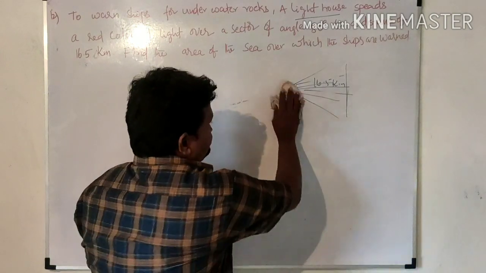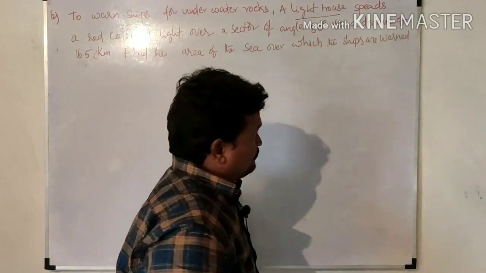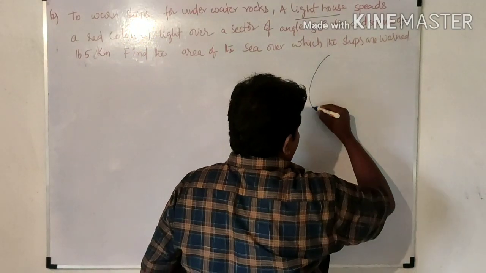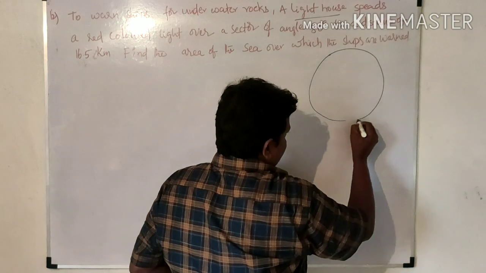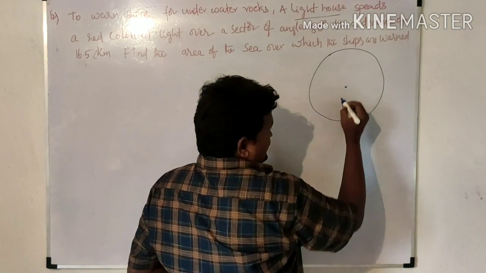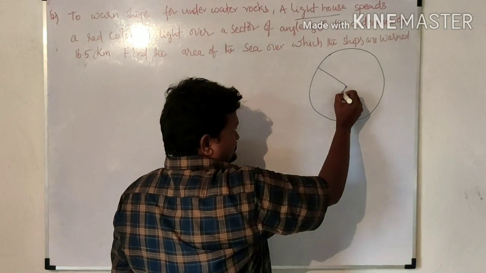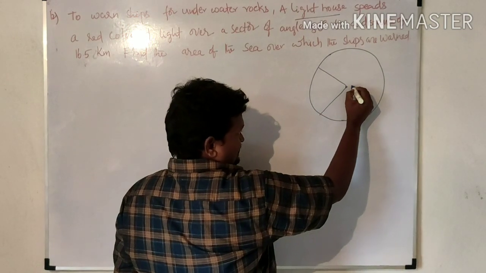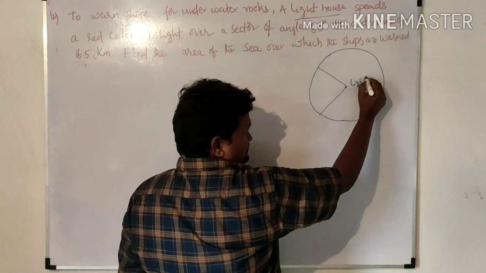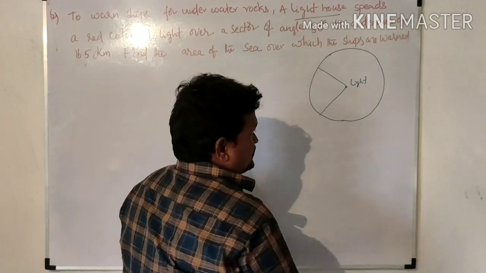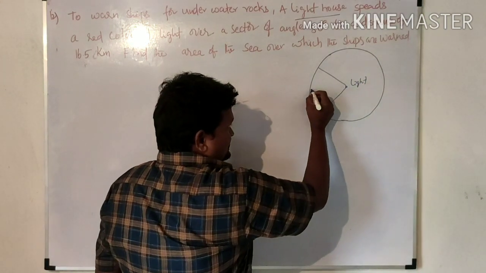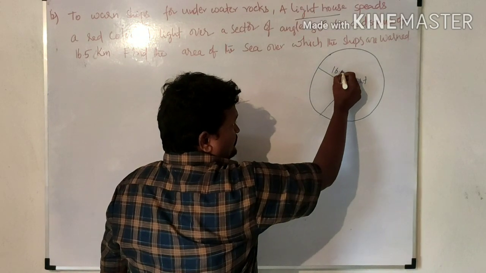See that? For example, like this, one circle is there, and it is a lighthouse. From this, light is going like this. With a distance of 16.5, that will be the radius.